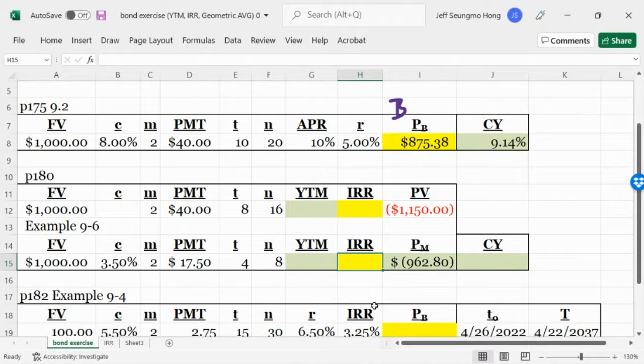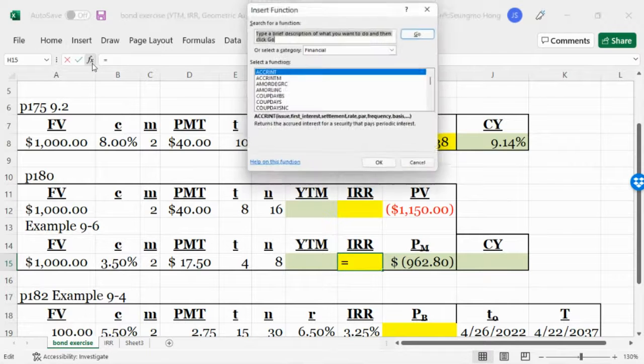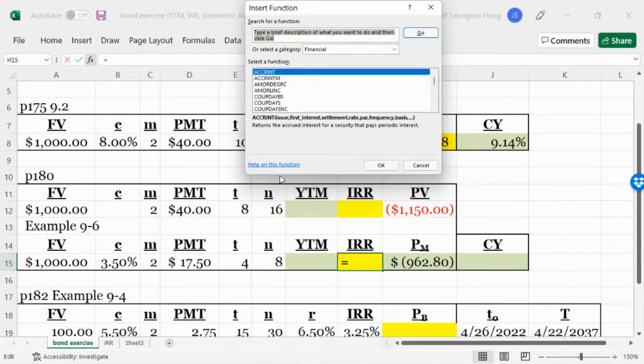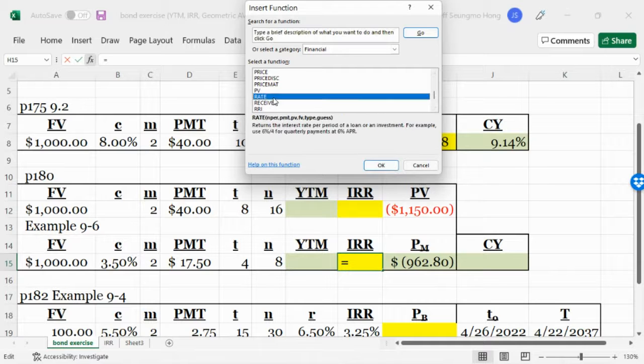So basically here, we're going to use the rate command first. We will have to find a periodic rate, and then we can turn it into annual rate. So back into the financial category, scroll down to find rate.